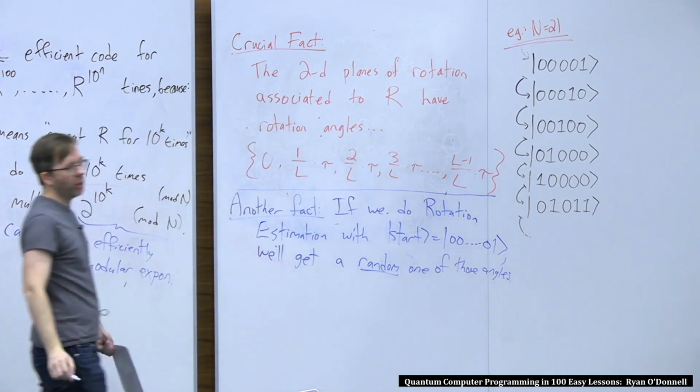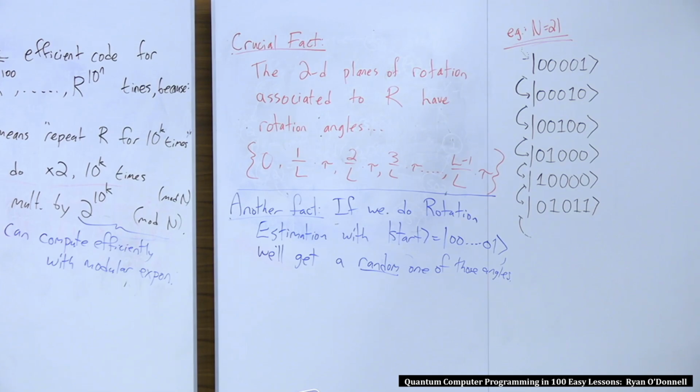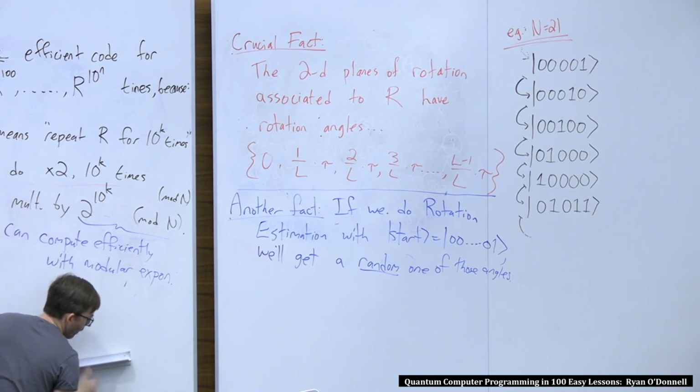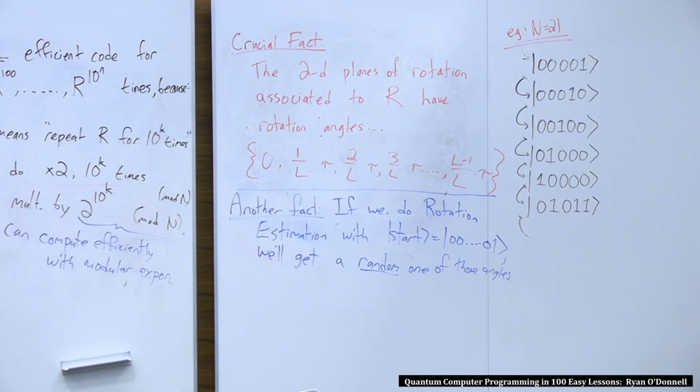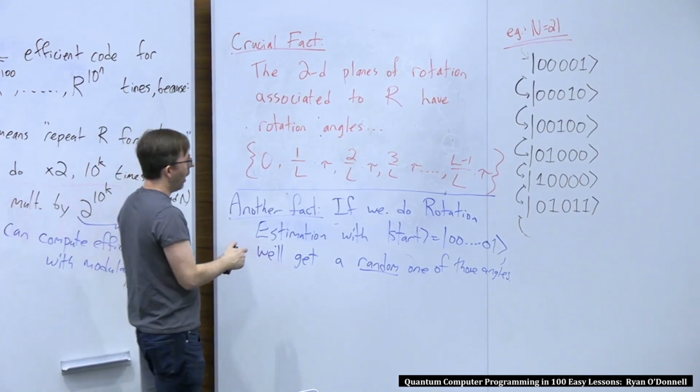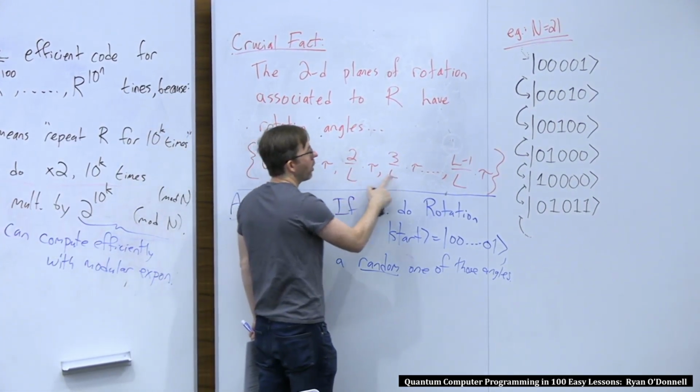And we won't actually know which one. So the effect is that we make our qubits in this state, we do rotation estimation, and it will print out a random one of these angles.